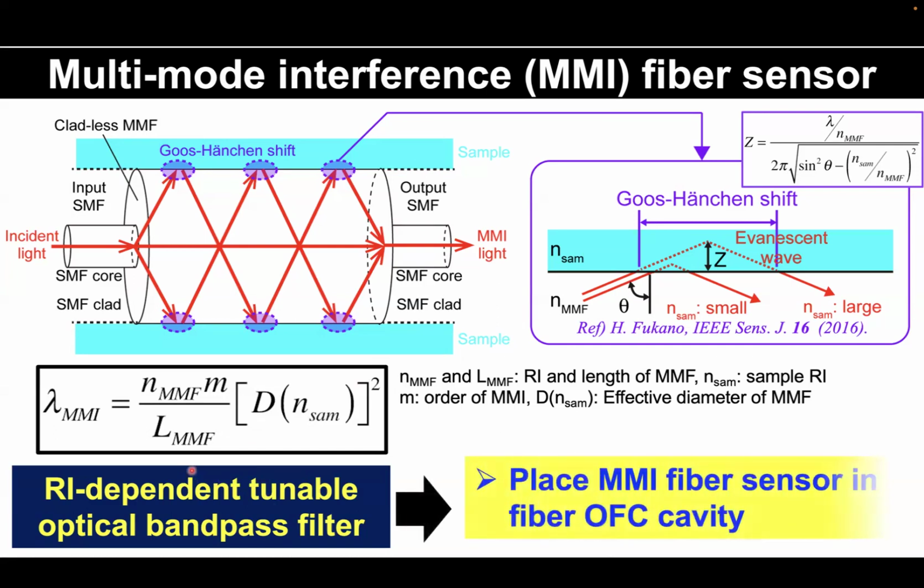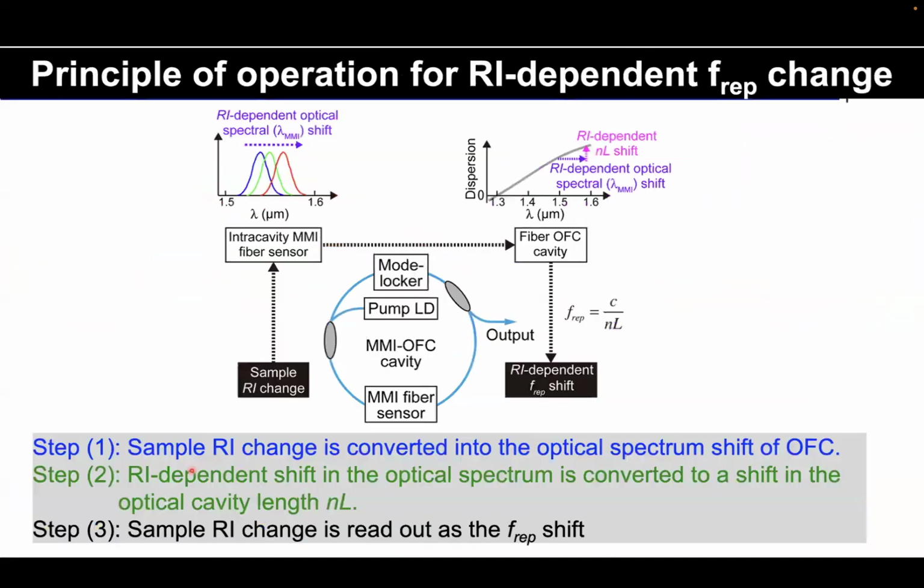We next place this MMI fiber sensor inside the fiber OFC cavity, like here. The next slide shows the principle of operation for RI-dependent f_rep change. There are two keys. The first key is the intracavity MMI fiber sensor. In this key, the sample RI change is converted into the optical spectral shift of the OFC.